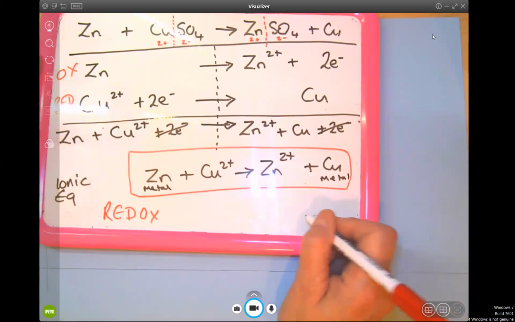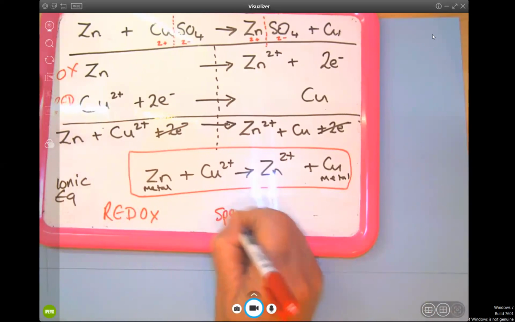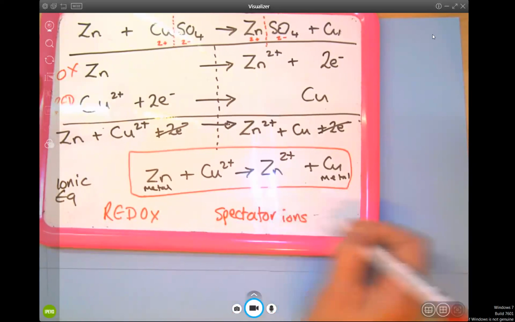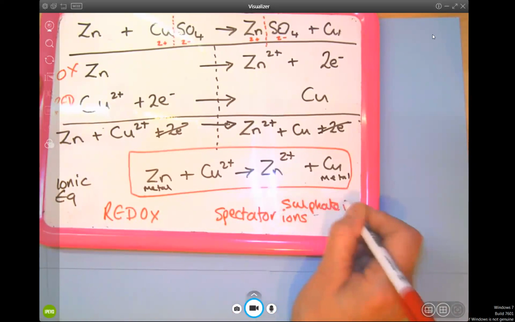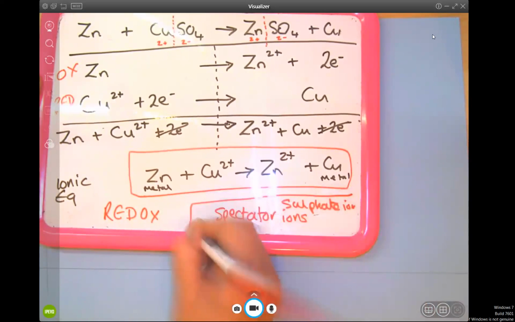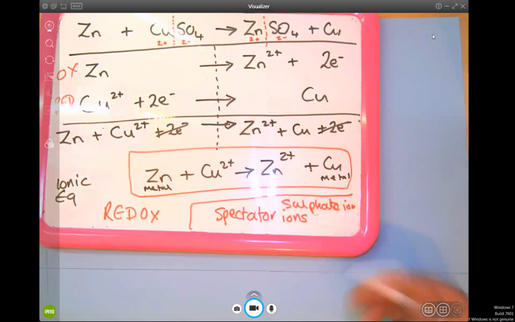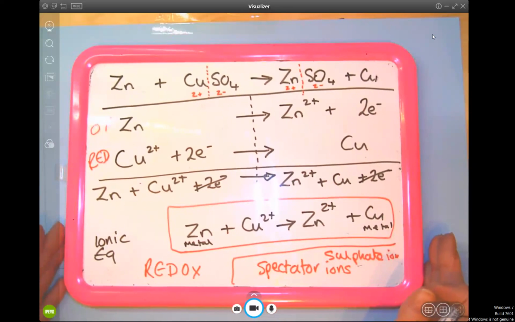Ions that don't take part in the chemical reaction, they just hang around, we call them spectator ions. The sulfate ion is a spectator because it's there at the beginning as copper sulfate, it's there at the end as zinc sulfate, so it's just spectating, it's not losing or gaining electrons.